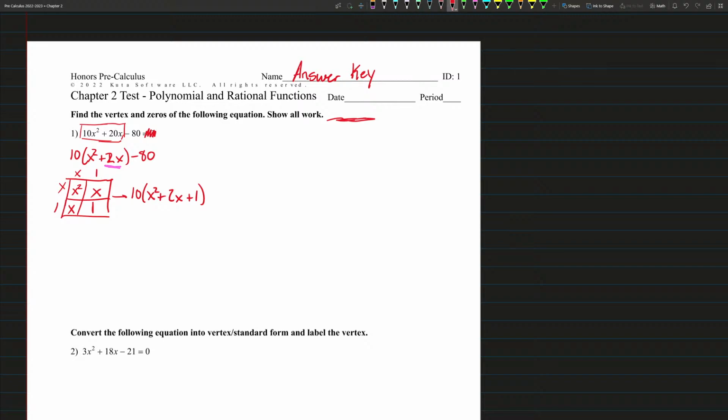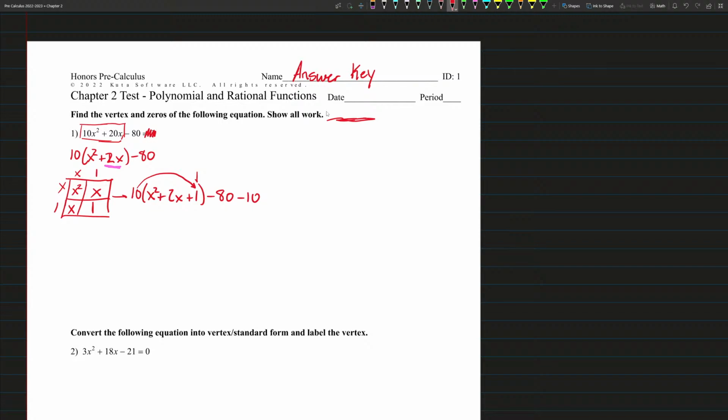Got it. Okay. Because we added in the 1 inside, we actually added in 10, right? So we have to have minus 80, and then we have to subtract 10 on the outside. Okay.